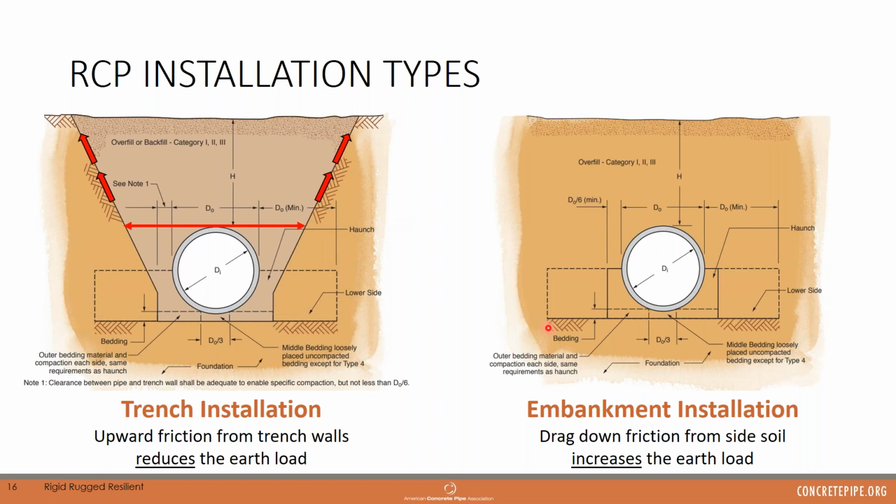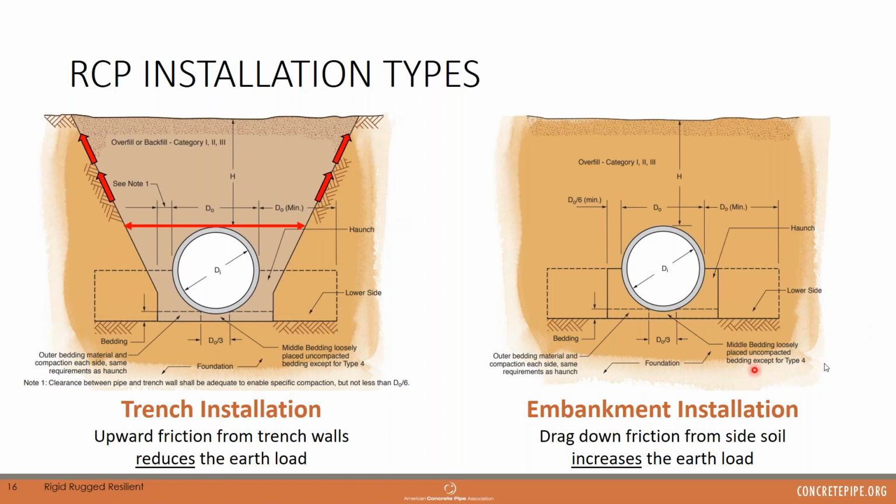And so then we go to the more extreme case called the embankment installation, or more specifically, the positive projection embankment. And again, this is sort of that spring analogy that I touched on early on today, where you have a great big excavation, so you don't have any trench walls to help you like you do in the trench condition.